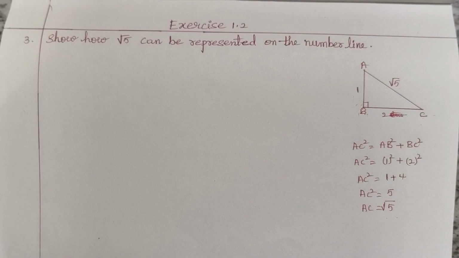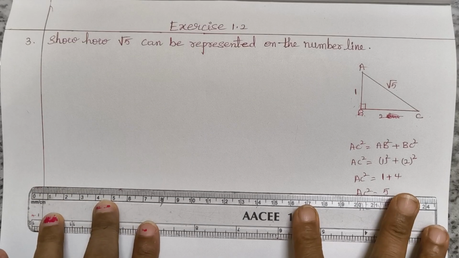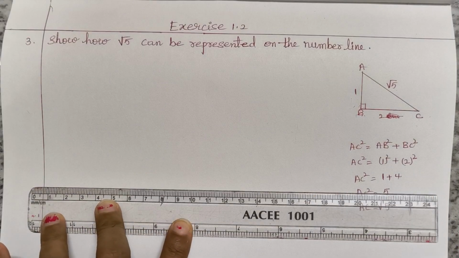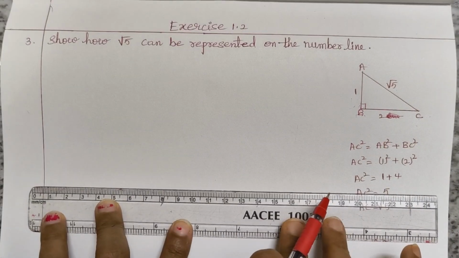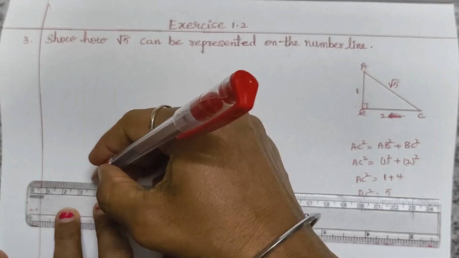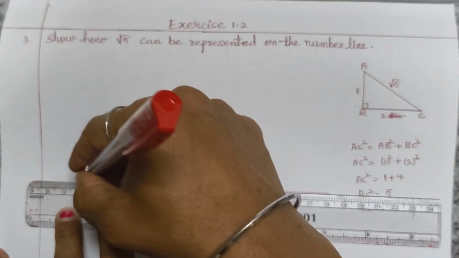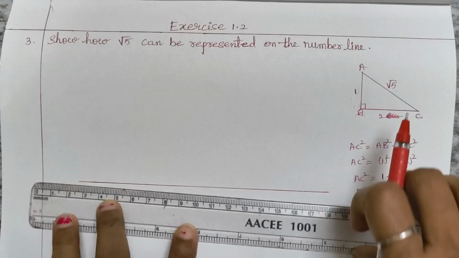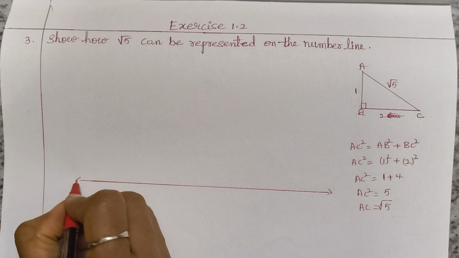See here, we are representing it on the number line. How to do it? First you take one line, any centimeter you take. I am using a pen for the video to be visible, but you use a pencil. Here I am taking one line, and take arrow marks.